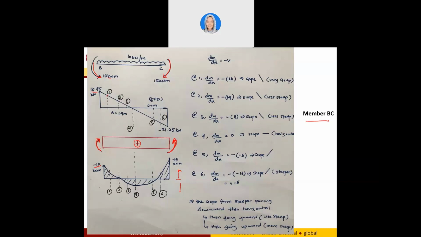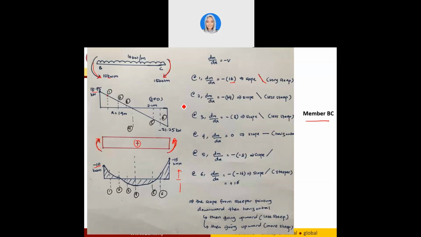With dM over dx equal to negative V, V is 16, positive, so I will have a negative slope going downward, and the degree of my slope is negative 16.